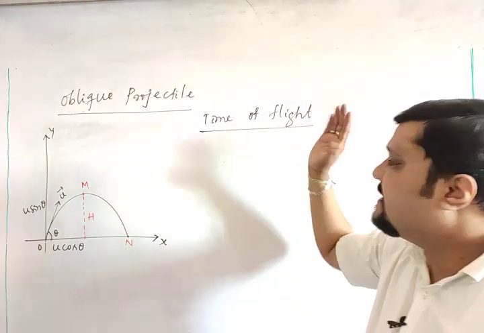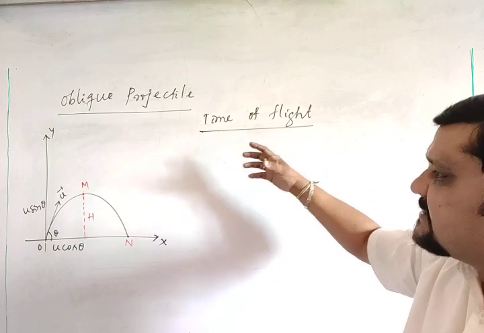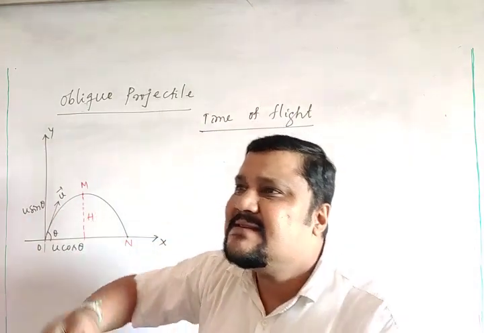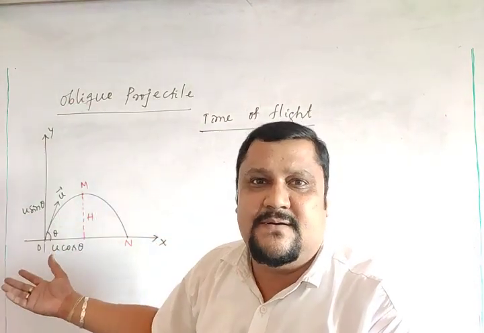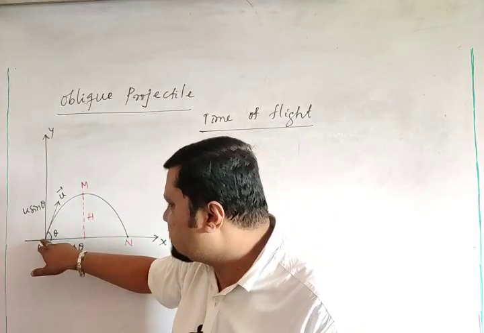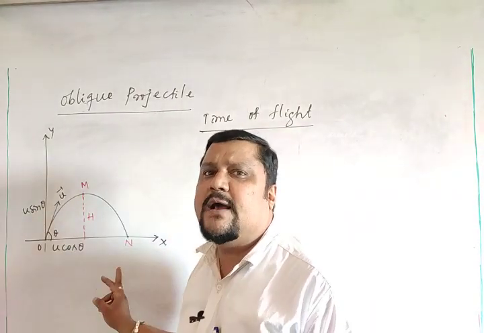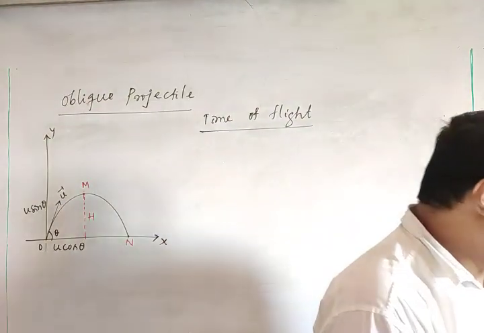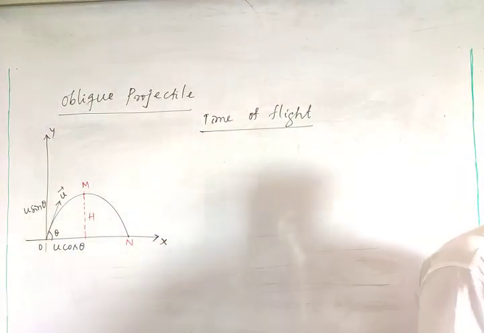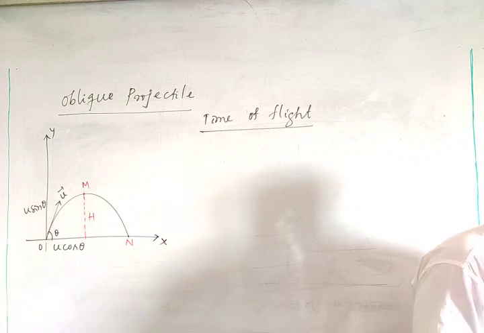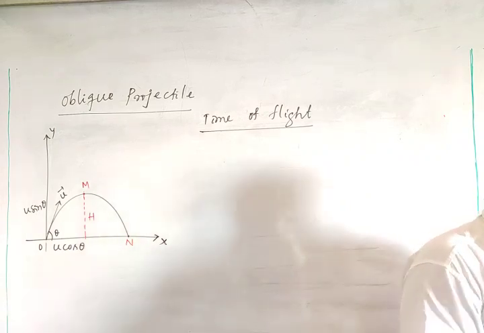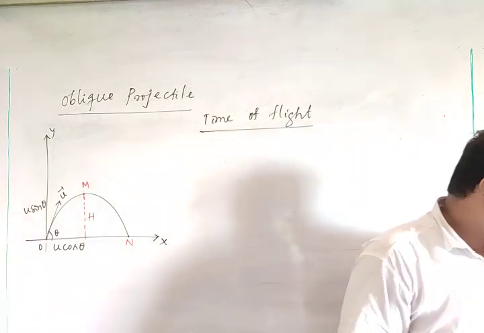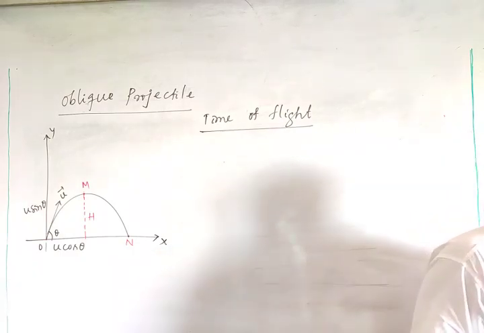Time of flight means the time for which the projectile is in flight, in the atmosphere. Once it's thrown from the ground and comes back to the ground, how much time will the projectile be in the air? So time of flight is equal to twice the time taken by the projectile to reach the maximum height.